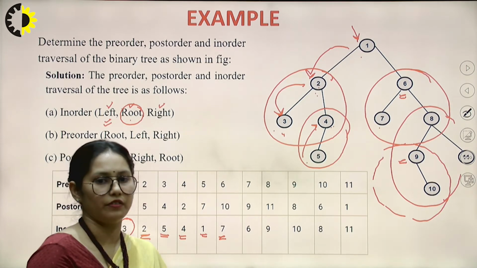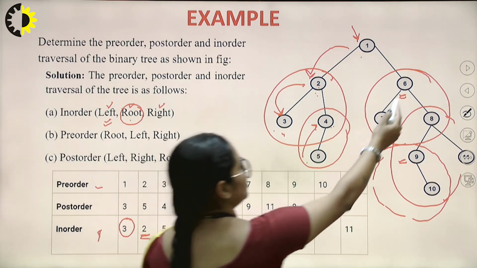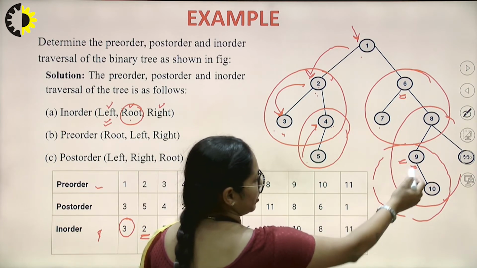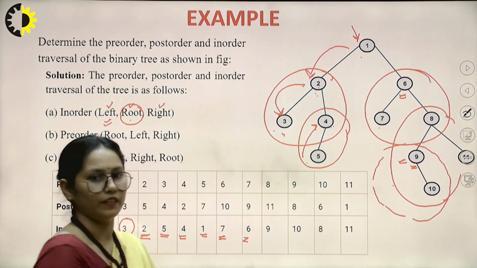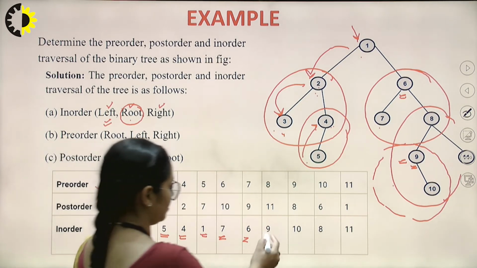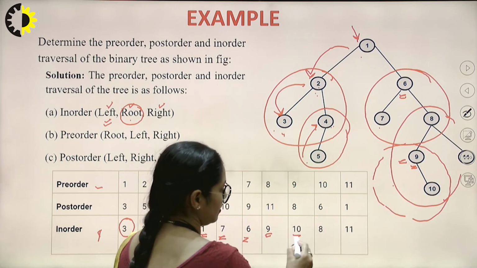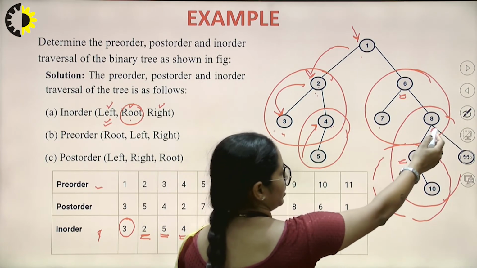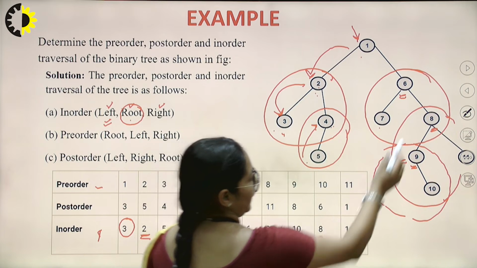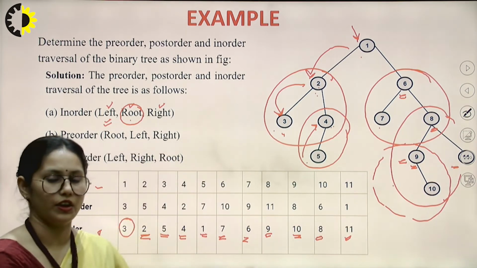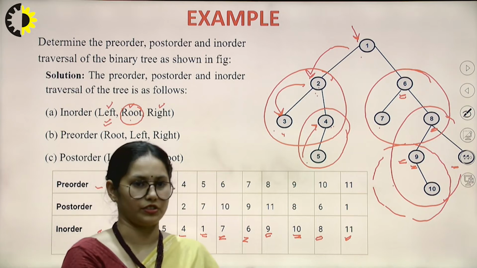After going from 6, what do you write here? 9, because there is no node on the left side. So 9, that is your root node. And then 10, then backtrack, the root node is 8, and then last, that is 11. So this is your in order traversal.